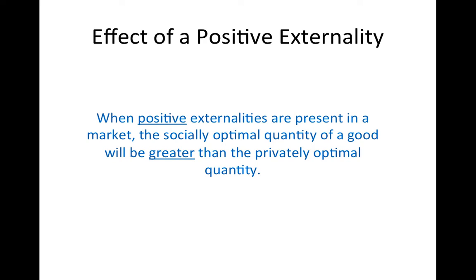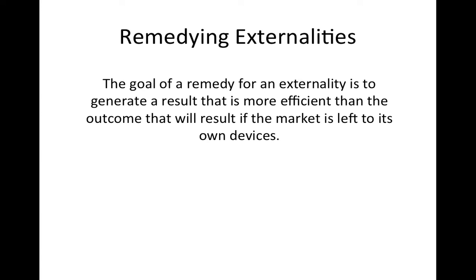Now that we've got an idea of what externalities are and what their effects are on a market, let's consider some possible remedies. If we implement a remedy to an externality, our goal is to generate an outcome that is better in terms of efficiency than the outcome that will result if the market is left to function without interference.